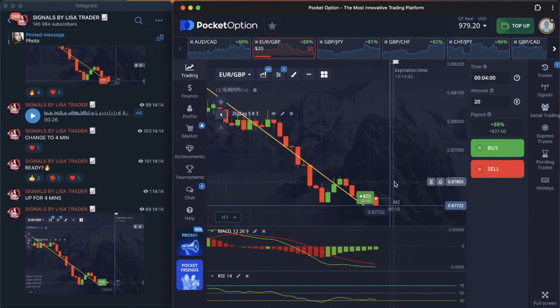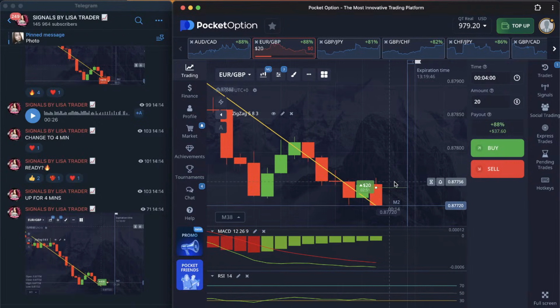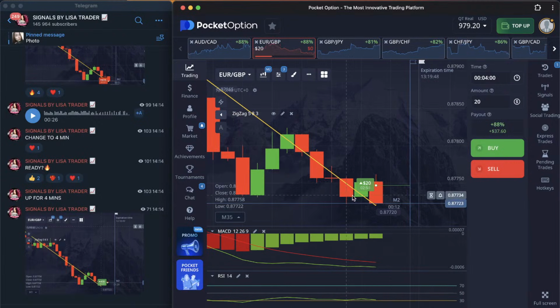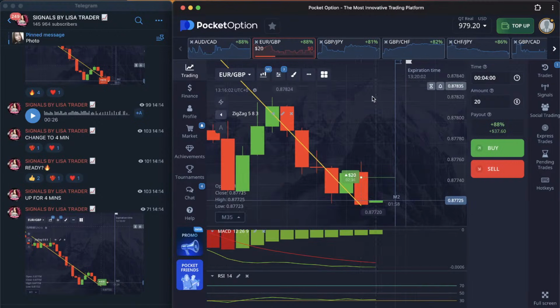Here, as you can see, it reversed again in the downward direction, even though it reached the previous support level and started reversing. We can also see the green pin bars, but sometimes that happens. So let's just wait. We still have 2 minutes and 40 seconds, and it's still not that far away. So we have a chance here to close the trade. As you can see, a green candle appeared on the chart now.